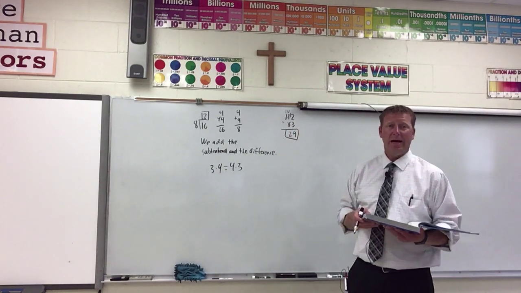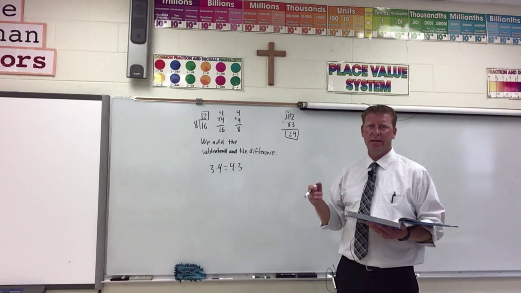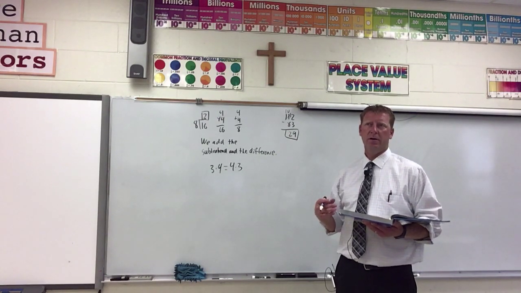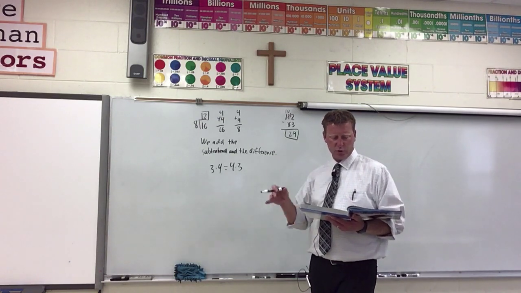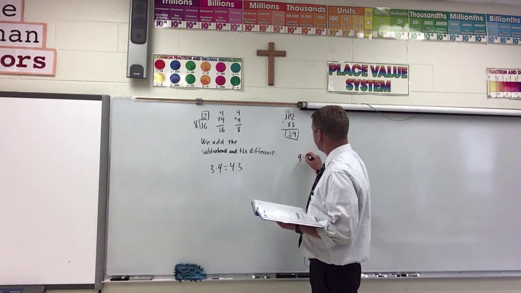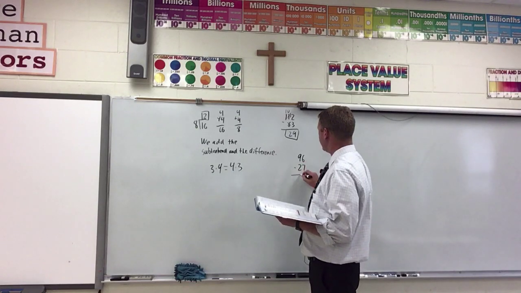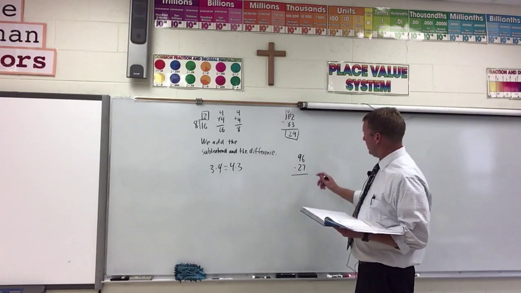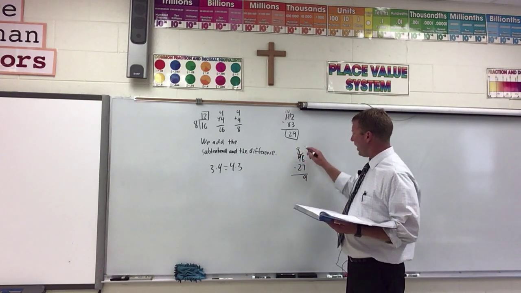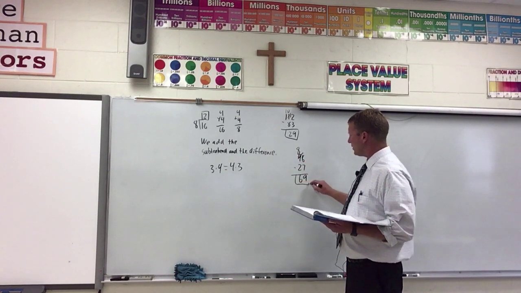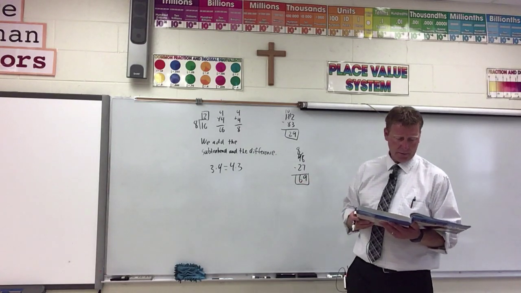Number 8, I'm missing the second in subtraction. S is going together. My brain says second, still subtract. So I'm going to take 96 and I'm going to minus 27 from it. Can't do it. Borrow. 16 minus 7 is 9. 8 minus 2 is 6. I have an answer of 69.